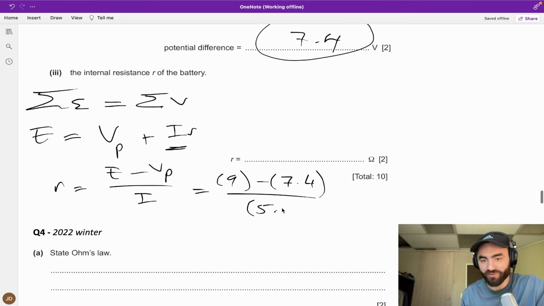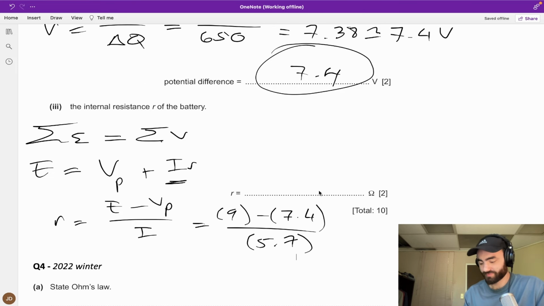So 9 minus 7.4 divided by 5.7 is 0.28 ohms.